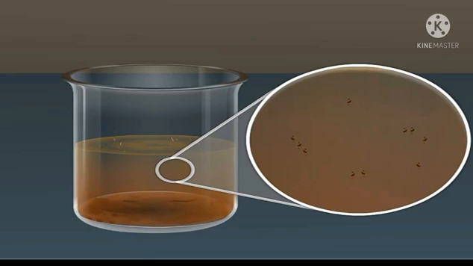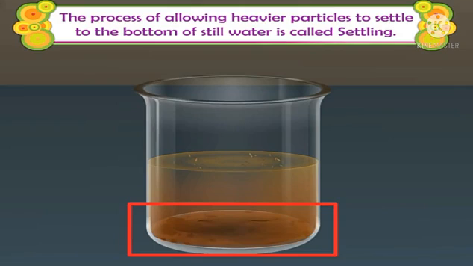The particles of soil sink in the water and form a layer or sediment at the bottom. But twigs and other rubbish float on the water. It takes a long time for the sediment to form.